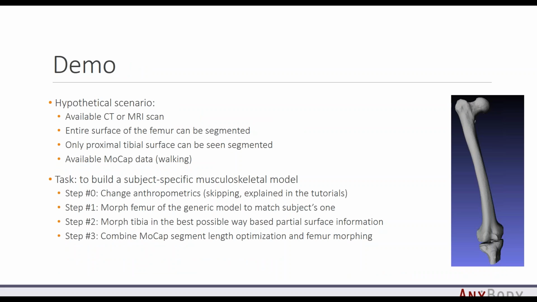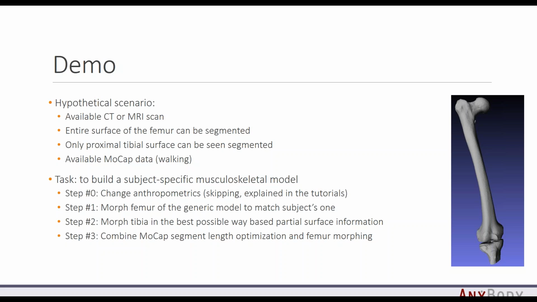Okay, so it is now time for the demo. We have a hypothetical scenario where we have an available CT or MRI scan, and we could reconstruct a femur surface. We could segment it out of the CT or MRI scan, but we could only segment out the proximal surface of the tibia, and nothing else was available. And let's assume we have a walking motion capture data file.